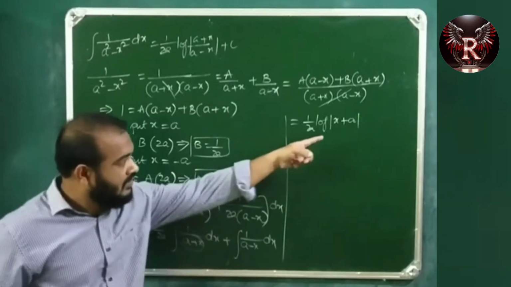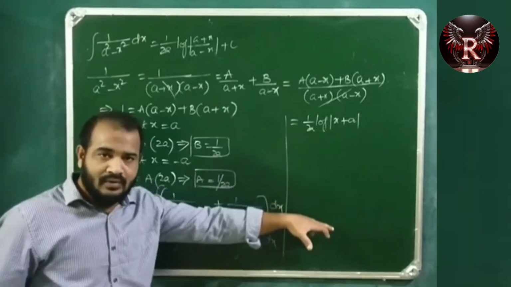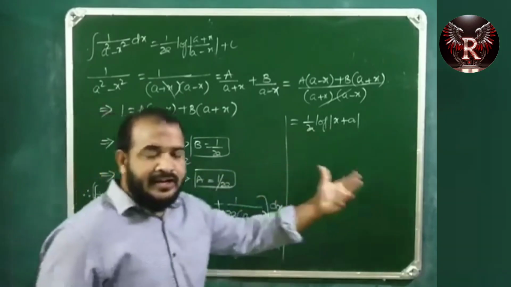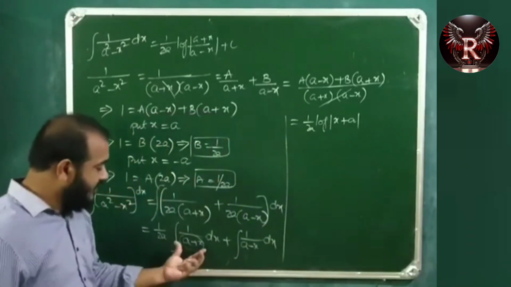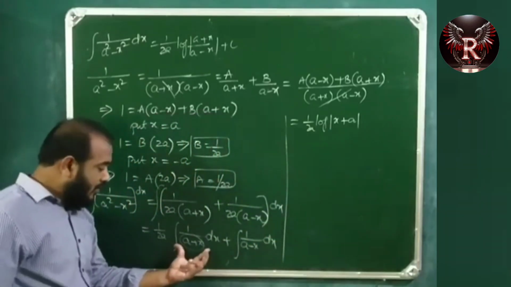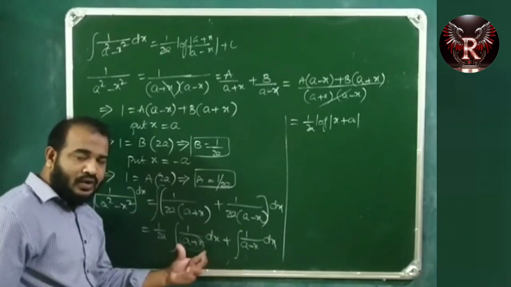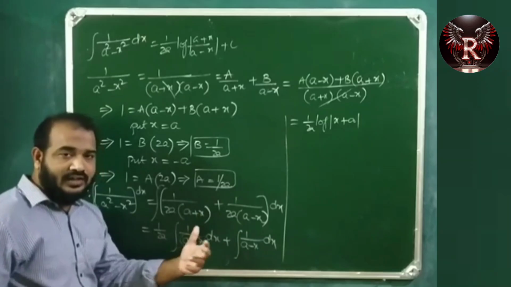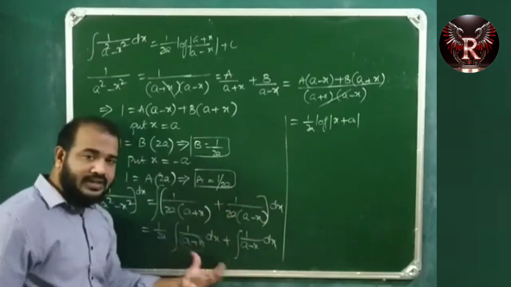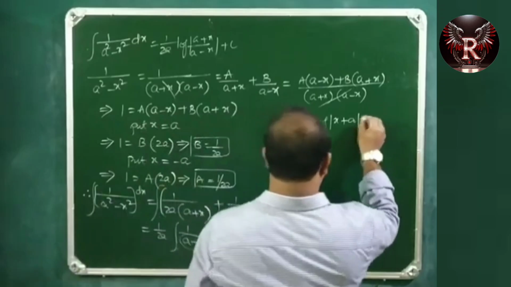So divided by 1, this is what we are going to get, because differentiation and integration are opposite processes. Earlier, in differentiation, we used to take this as x, and then differentiate it. Here it is d by dx of this.